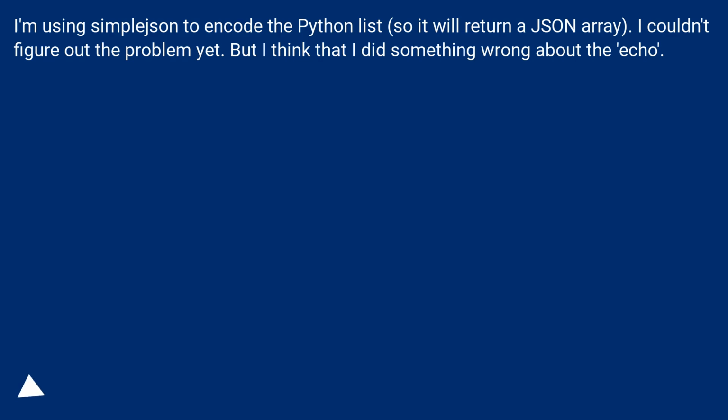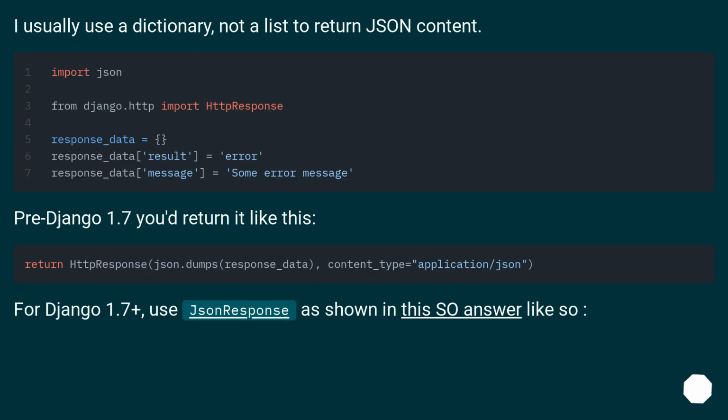I couldn't figure out the problem yet, but I think that I did something wrong about the echo. I usually use a dictionary, not a list, to return JSON content.